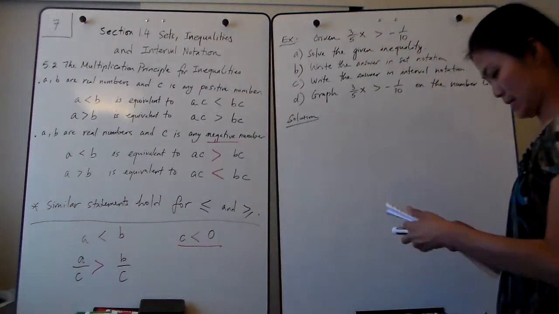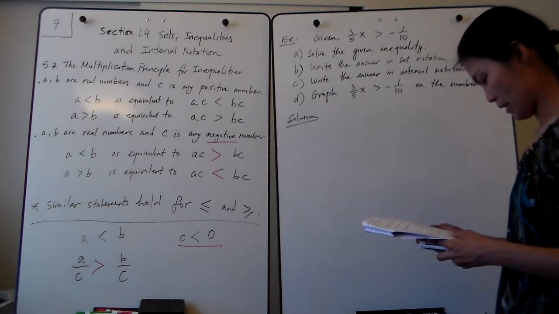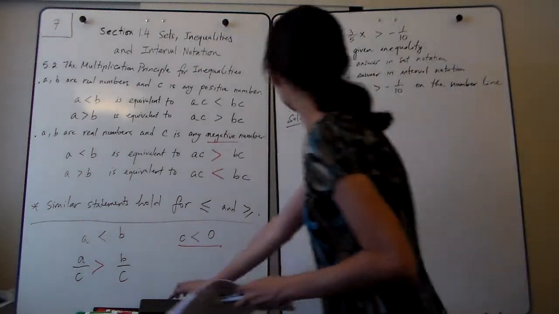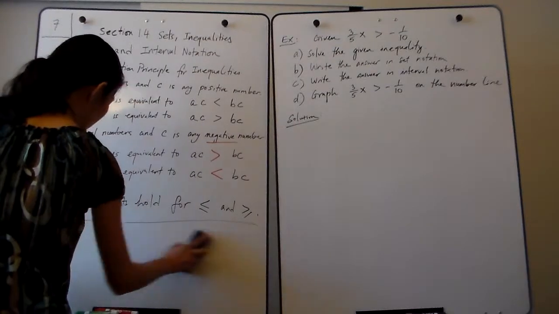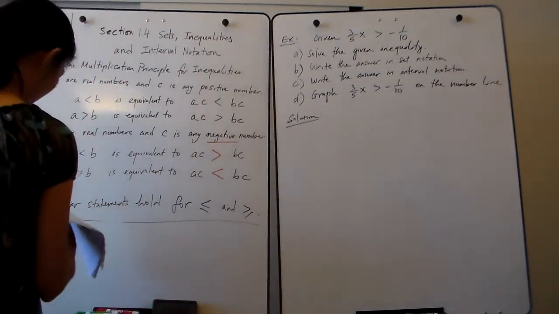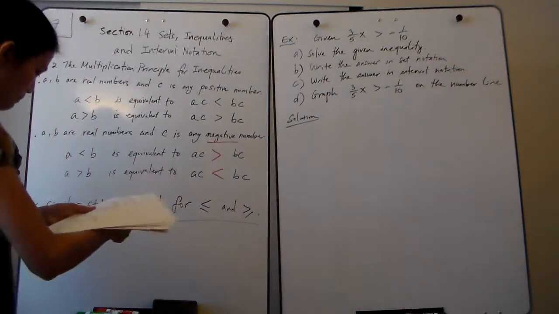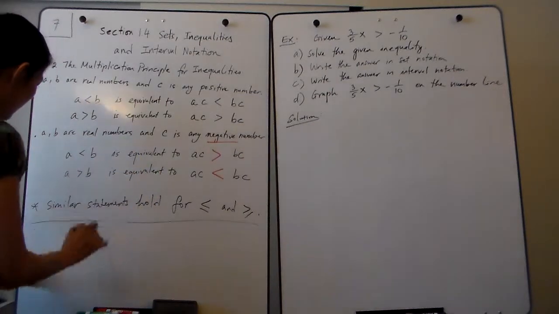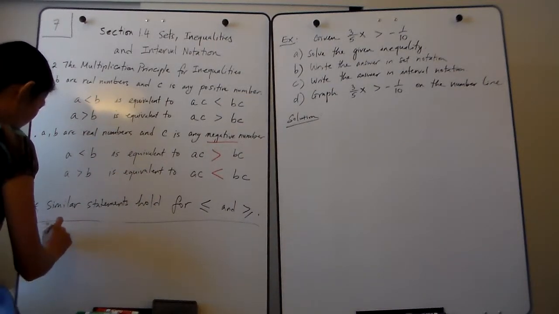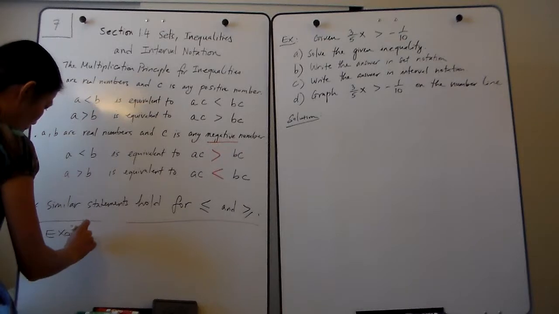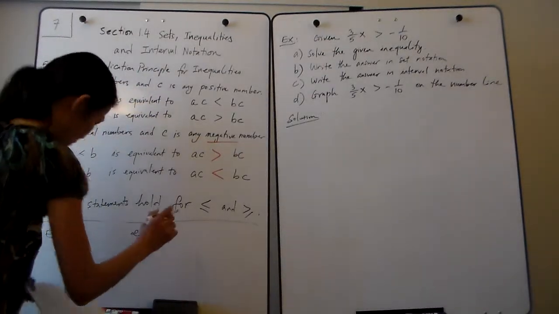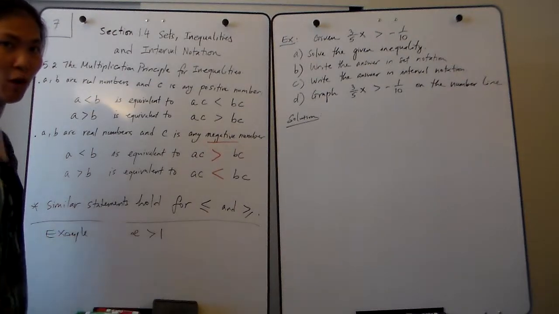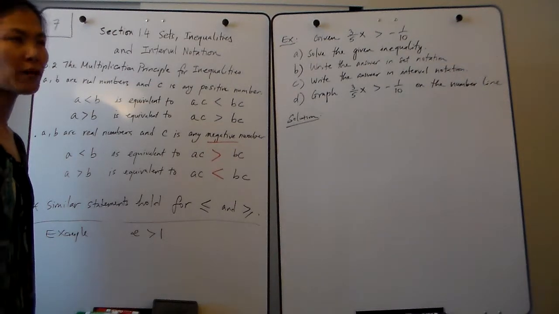So let's see a simple example. Given 2 is greater than 1, this is a true inequality.